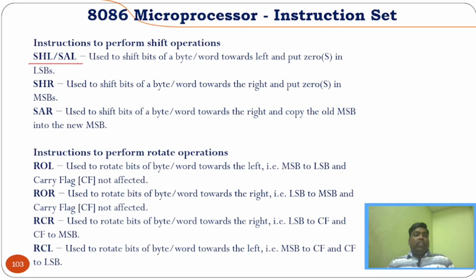From the name itself you can understand it is used to shift the byte or word towards the left, and after shifting it puts 0 in the LSB. Similarly, for SHR, shift right, it will shift the given byte or word towards the right and put 0 in the MSB.